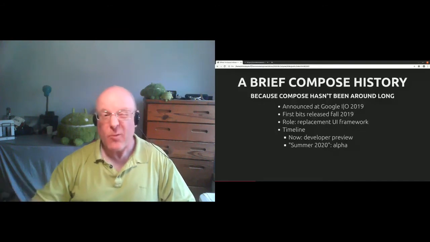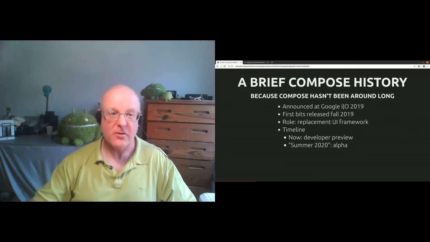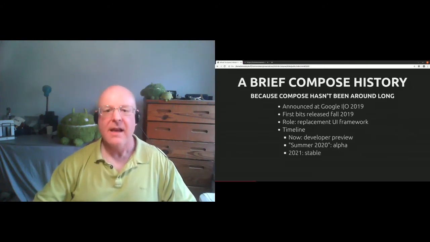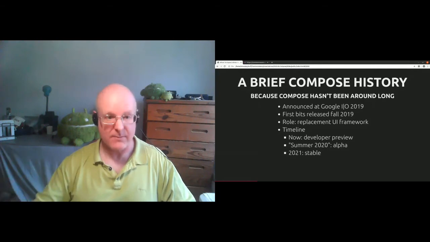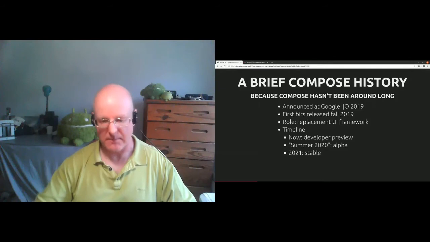Didn't specify what hemisphere, so I'm assuming it's Northern Hemisphere, and so it'll be out here within the next few months. And 2021 is supposedly when we will get a stable release, and obviously there will be a beta somewhere in between.